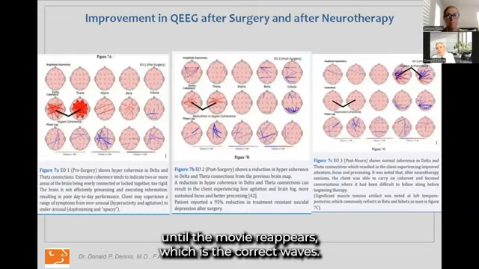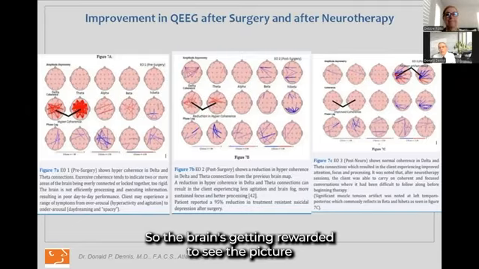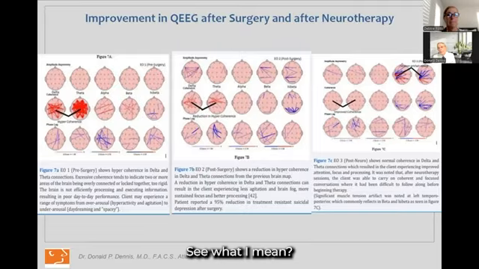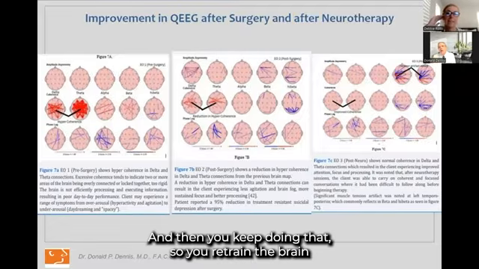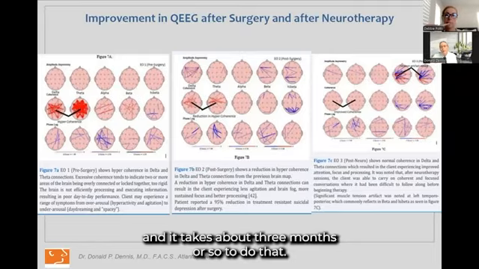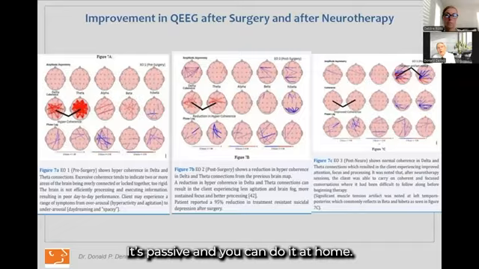So it's getting rewarded for doing the right thing. The brain is rewarded by seeing the picture, and then it stays on the correct frequency. You keep doing that, so you retrain the brain. It takes about 3 months or so, and you work with it about an hour a day. It's passive, and you can do it at home.